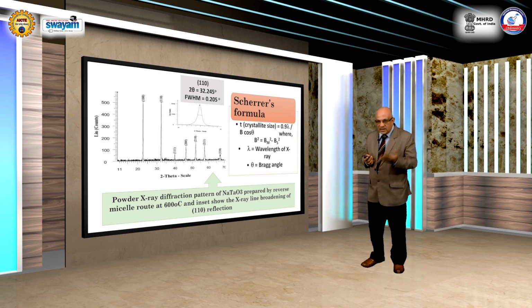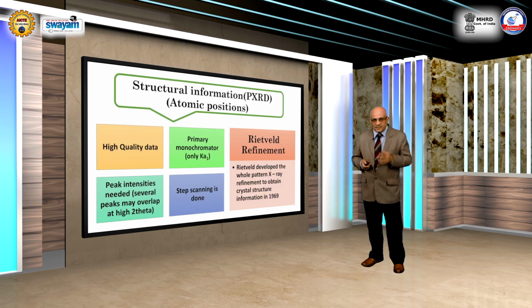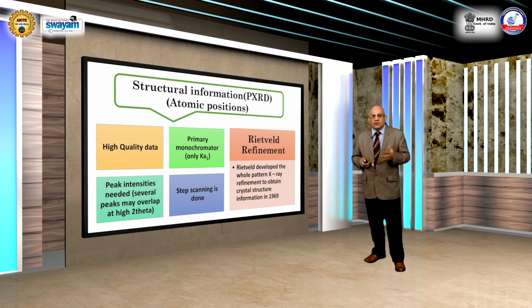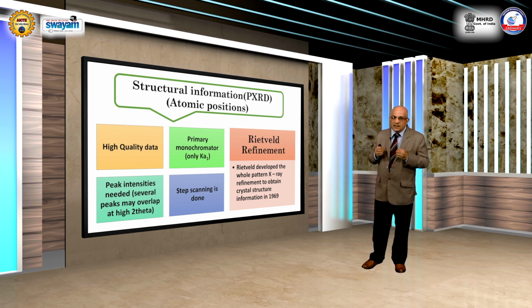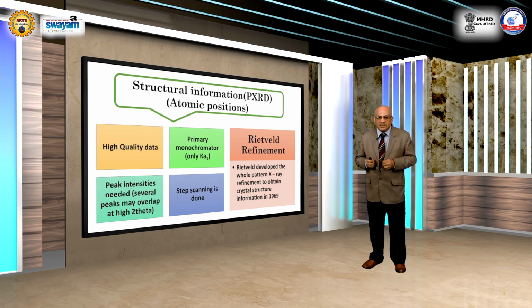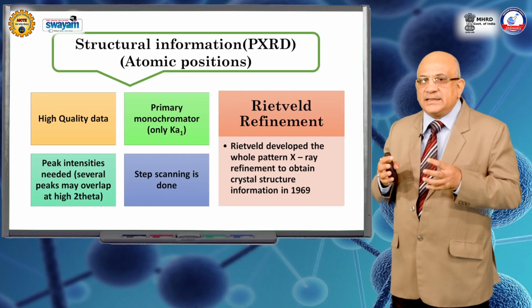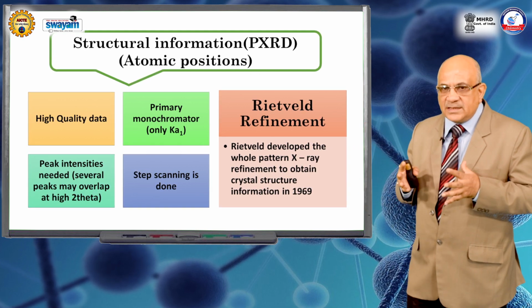This is very important in all materials, especially in nanomaterials, where you are trying to find the size of the nanoparticles. From powder X-ray diffraction, you can also find the positions of atoms or the exact structure, but this is a little difficult and you need very high quality data. You need X-rays collected using a primary monochromator, so that you have very high intensity.